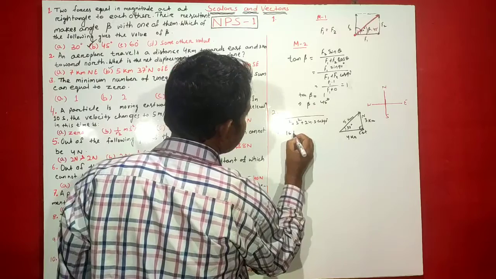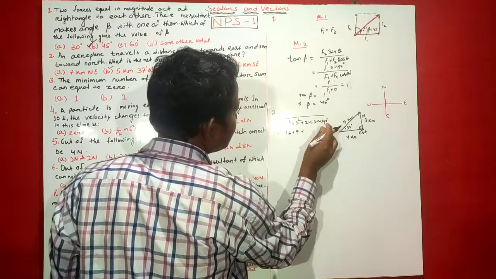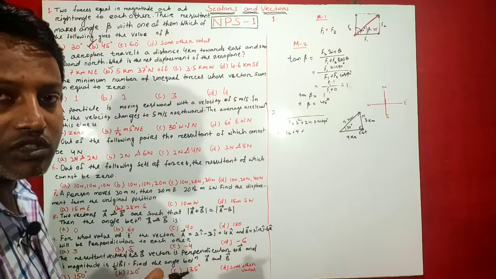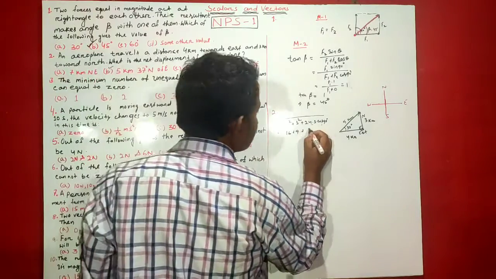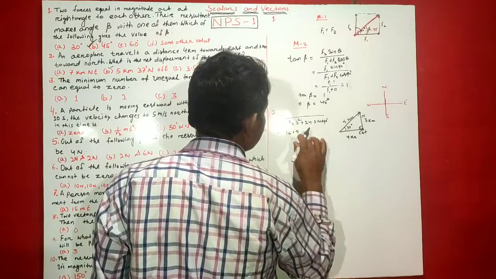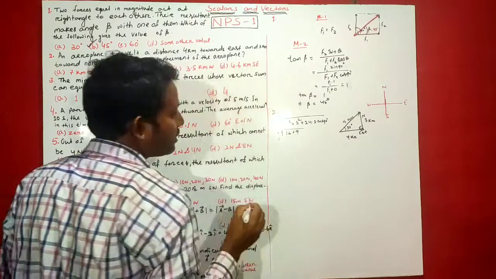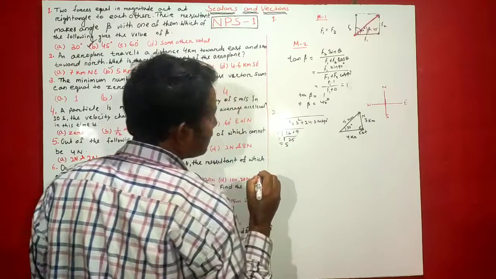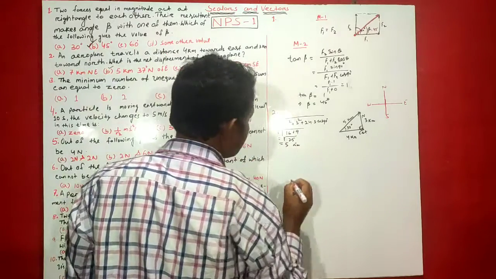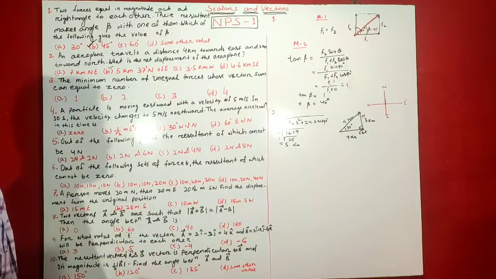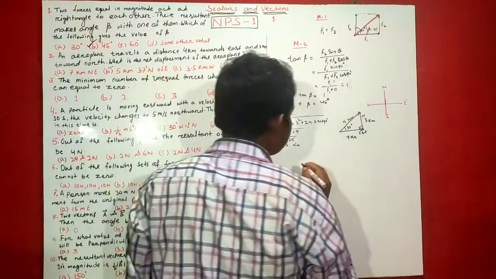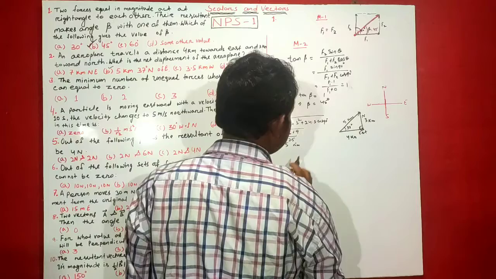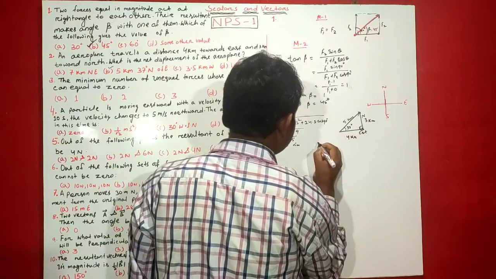So 16 plus 9 plus 0, since cos 90 is 0. Under root of 25 is equal to 5 kilometers. Then let this be tan beta or tan alpha.